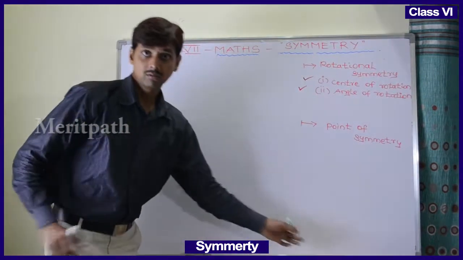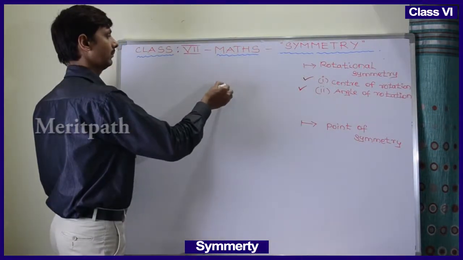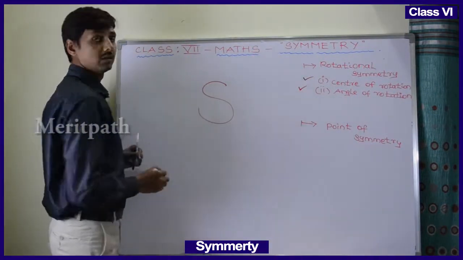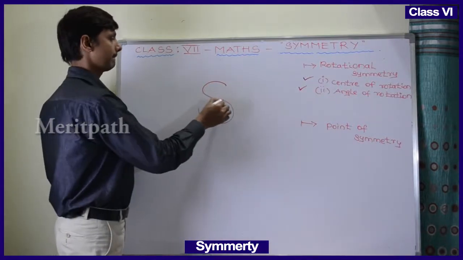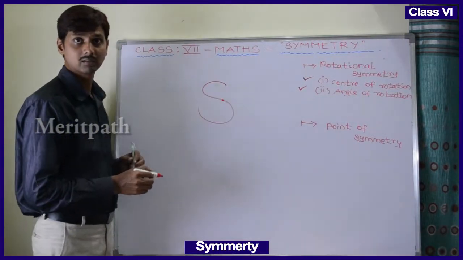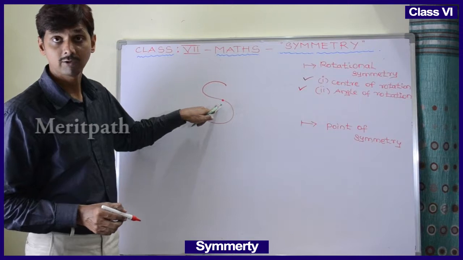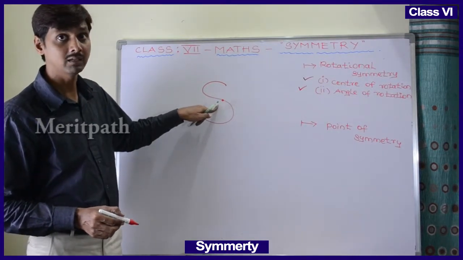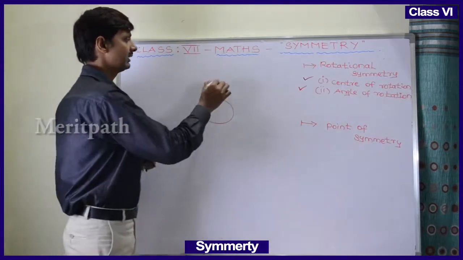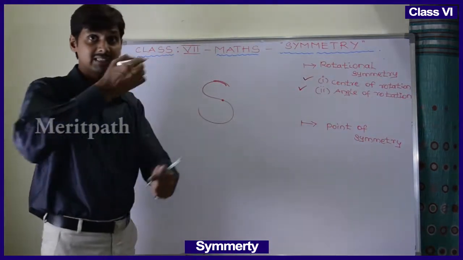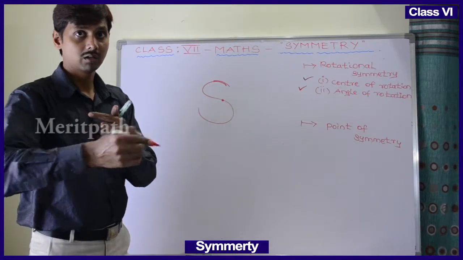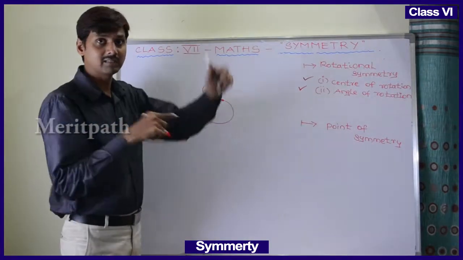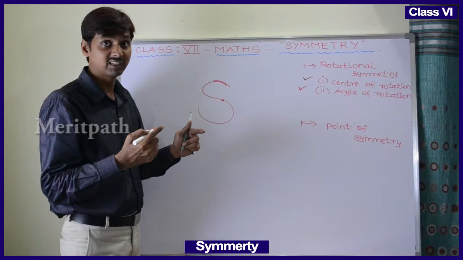Let's draw it. Alphabet S. We take a point of the S, the center of the object. For rotational symmetry, we have used the same thing. We take this center of the object, and when we rotate this for 180 degrees, it gets its original position.